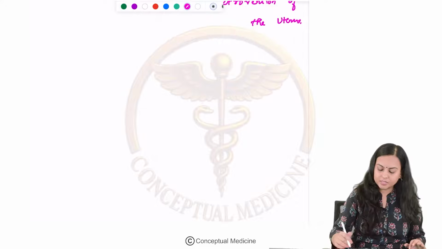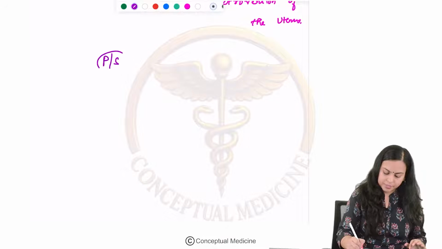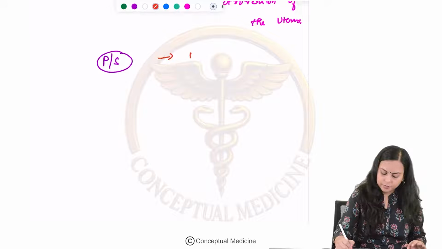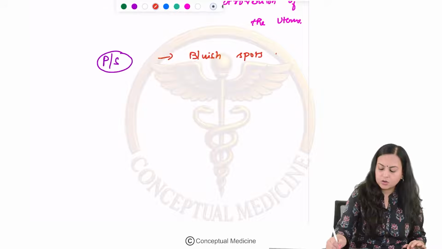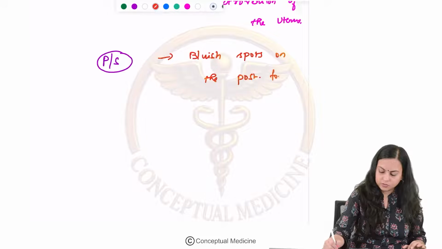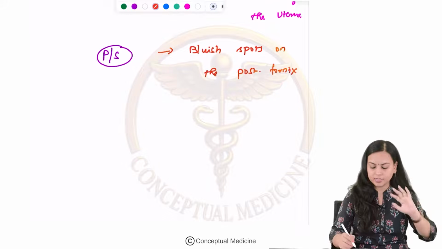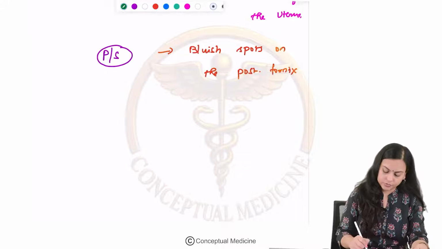Clear? Yes. When you do a per speculum examination, you will be able to see bluish spots on the posterior fornix. Clear?